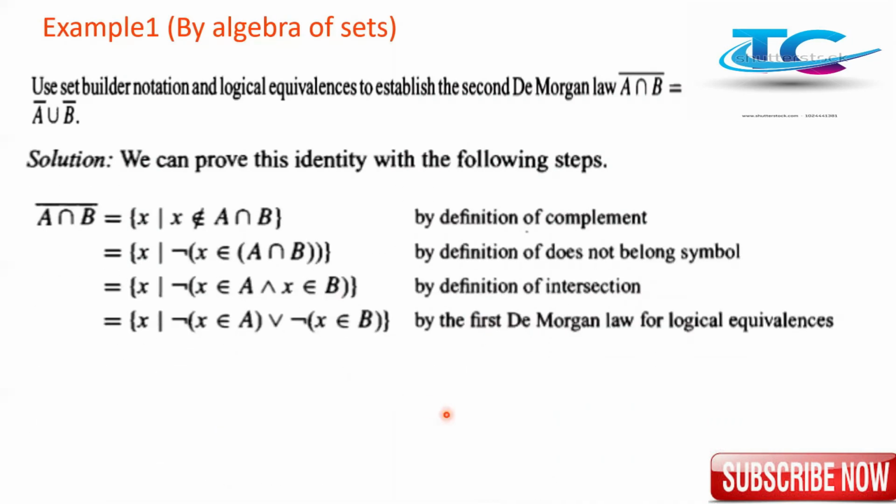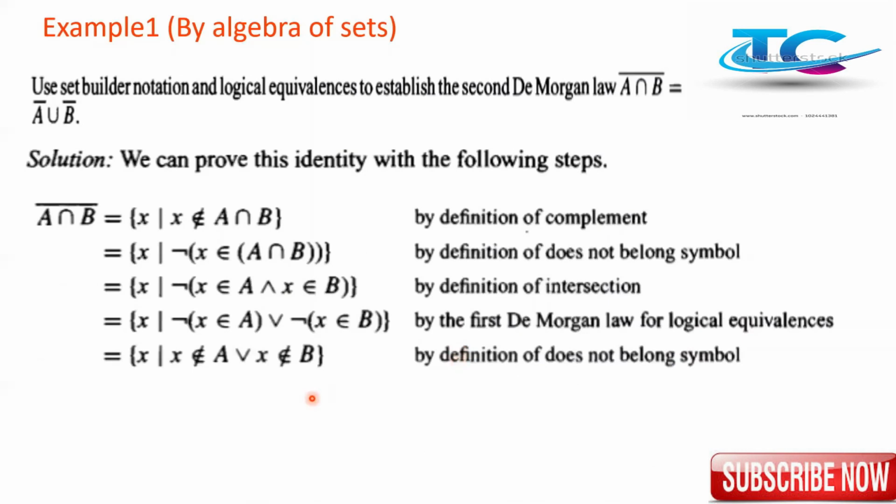The next thing we can apply here is De Morgan's law. This whole thing can be broken into the negation of X belongs to A, and the AND symbol is converted into OR, so OR, and again with negation, X belongs to B, the second thing, right? In this way, by De Morgan's law, we can break it like this.